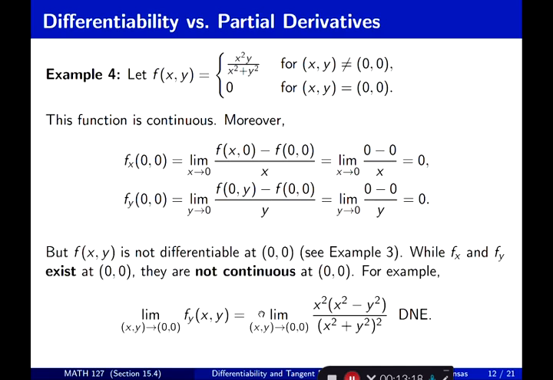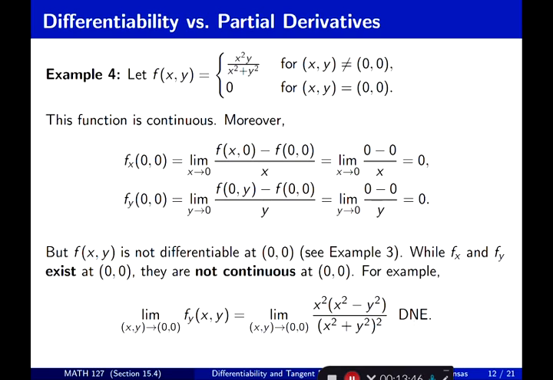Now, it turns out the partial with respect to y at any point other than 0, 0 is going to be x squared times x squared minus y squared over x squared plus y squared to the power 2. And the limit of this partial as x and y approach 0, 0 does not even exist.